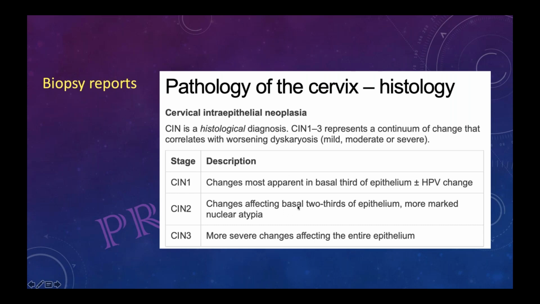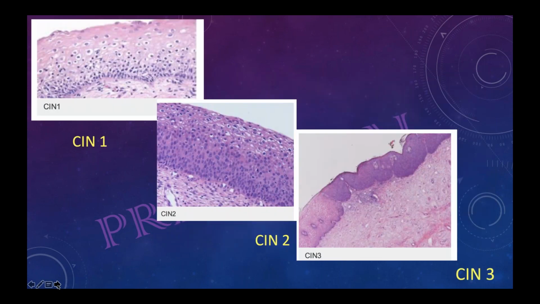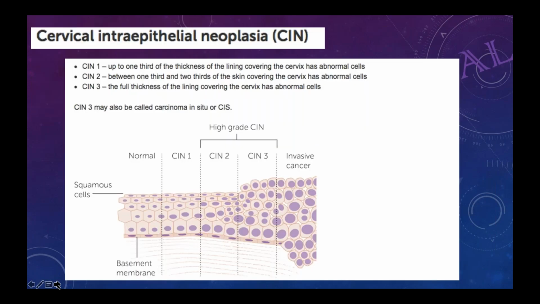Because you know only one word, as you already know, Part 2 people, with only one word your answer will change. So these definitions usually come in your question as SBAs, so it is important to learn. This is just a visual picture of all of it, and this again is the same thing, just explaining in this section how this is normal, and this is CIN 1, 2 and 3.